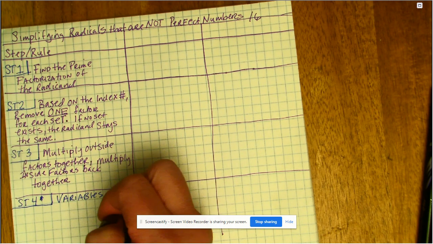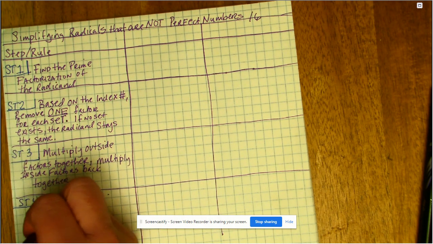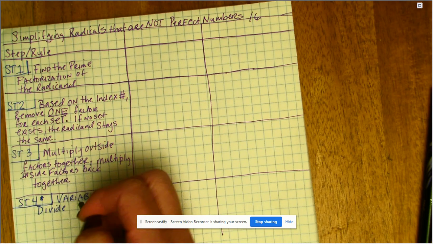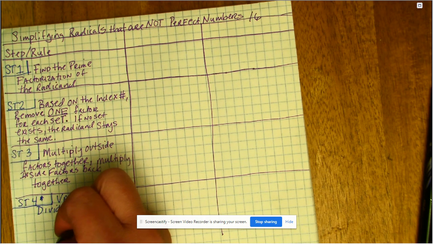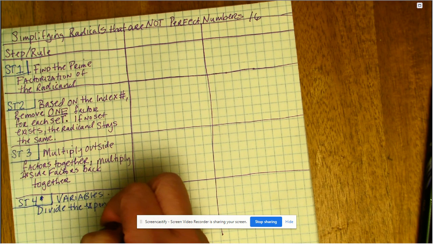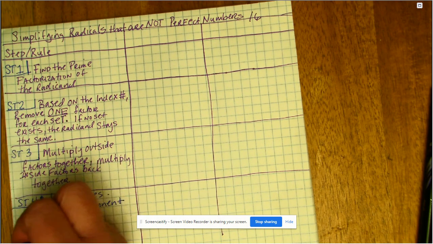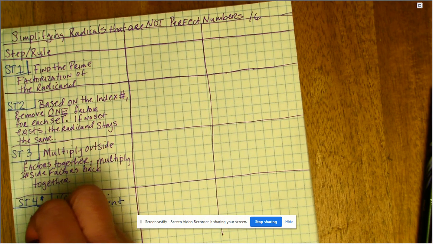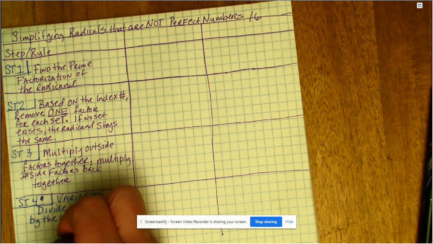So for variables, divide the exponent by the index number.